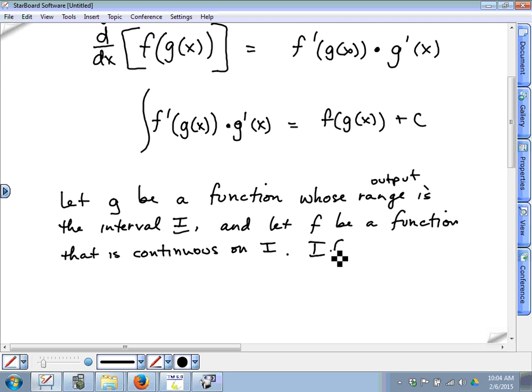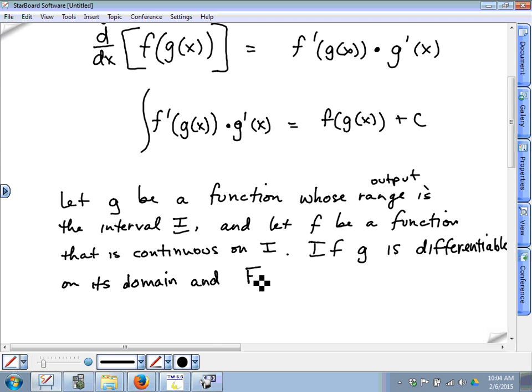So it goes on: if G is differentiable on its domain, and capital F is the antiderivative of little f.